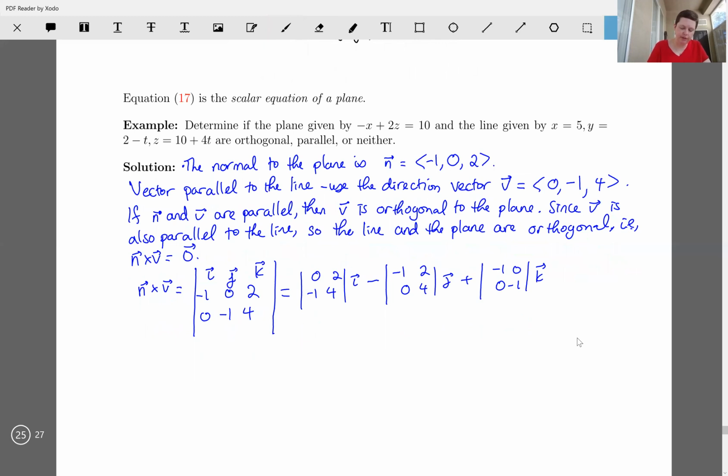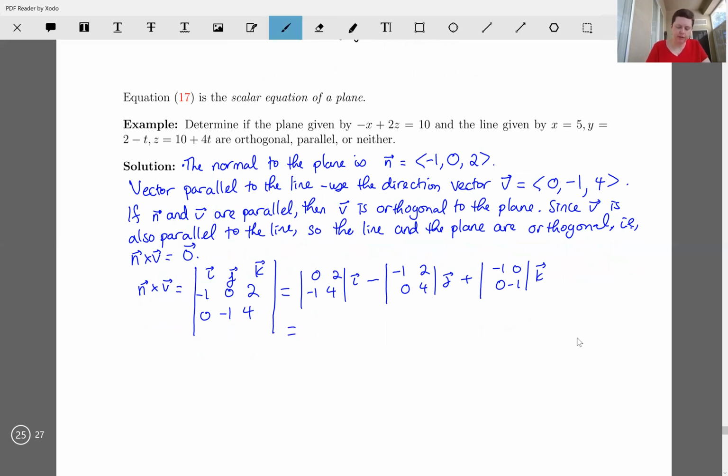That gives 2i minus a -4, so plus 4j, and plus k. Under no circumstances is this the 0 vector. So the vectors n and v are not parallel.